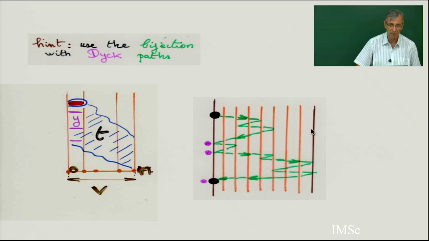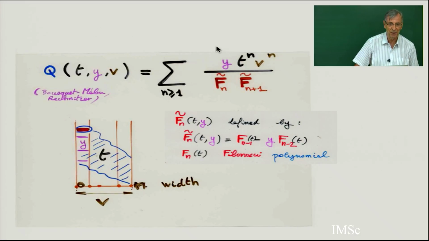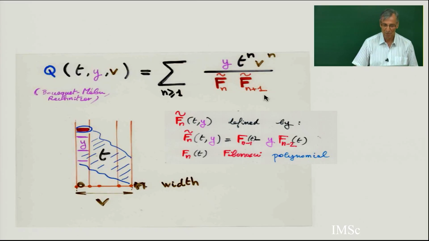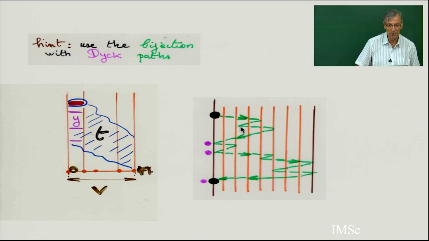So you just take the first time you touch, and then you can cut your path in two different paths, and each part of this path is going to give you the inverse of Fibonacci Fn and the inverse of Fibonacci n plus 1. I don't say more because I am solving the exercise. Maybe there is a direct proof using the movement of pyramids without Dyck paths, but maybe the simplest is to cut your Dyck path in two parts, and each part is going to give you the inverse of this Fibonacci.